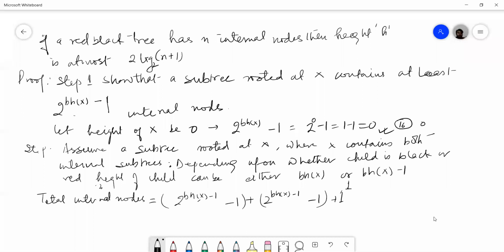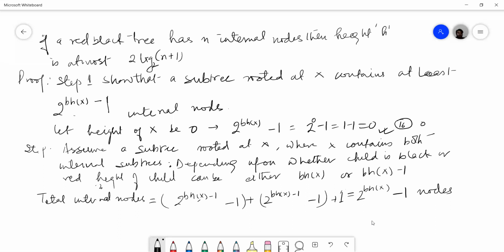So if you calculate this, okay, what will we get? We'll get 2 to the power BH of x minus 1 nodes.